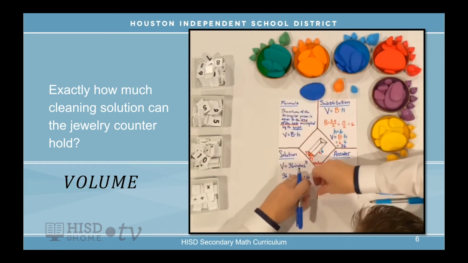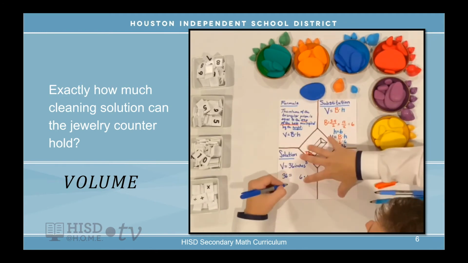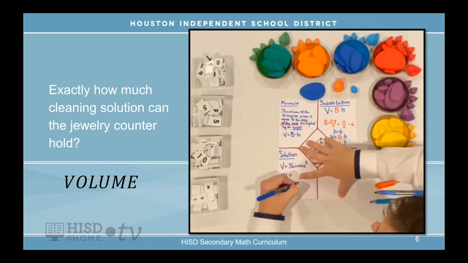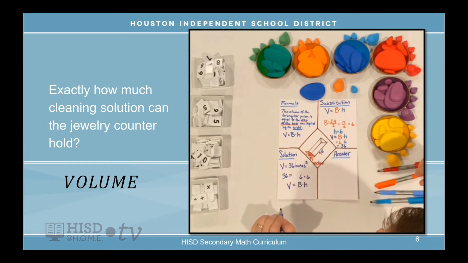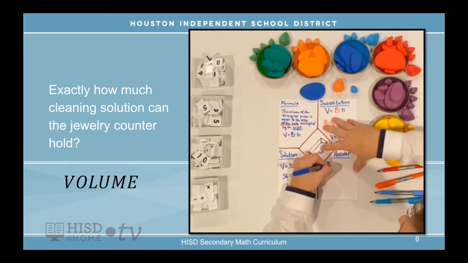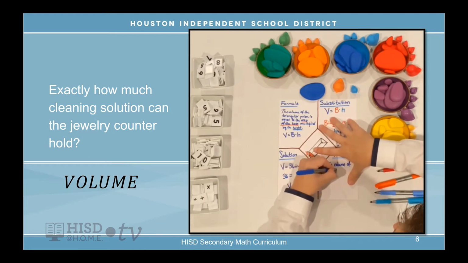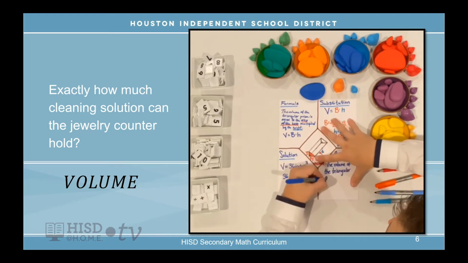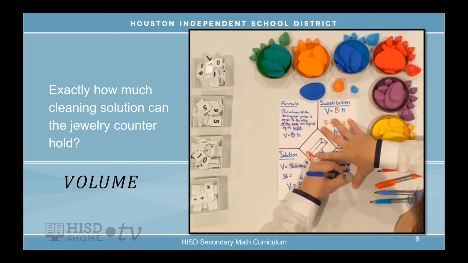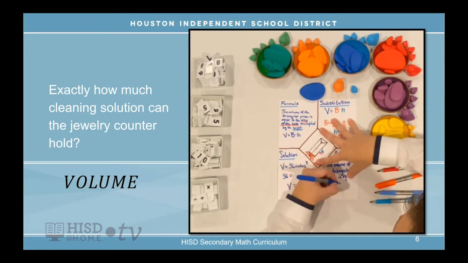Because we know that 6 times 6 is the base and height, we can substitute those back into our formula. Now let's write our final answer. The volume of the triangular prism jewelry counter is exactly 36 inches cubed.